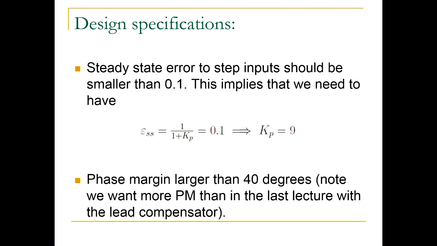So you just let s times the open loop transfer function, take the limit as s goes to 0, and that's your Kp constant. So we want the compensated system to have Kp equal to 9 to achieve the steady state error requirement, and then phase margin is what we now need to play with, to achieve with the lag compensator.